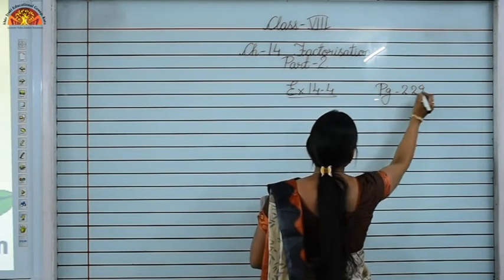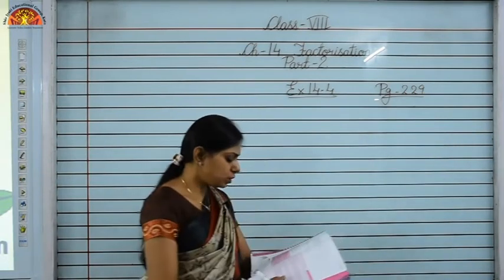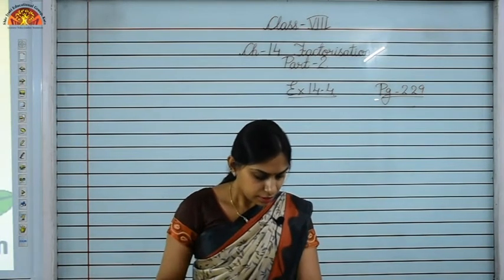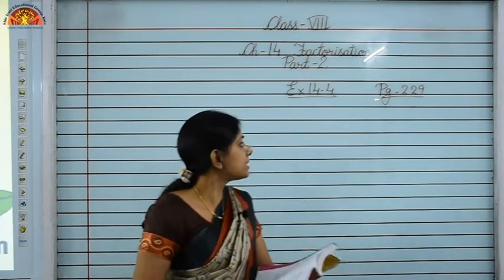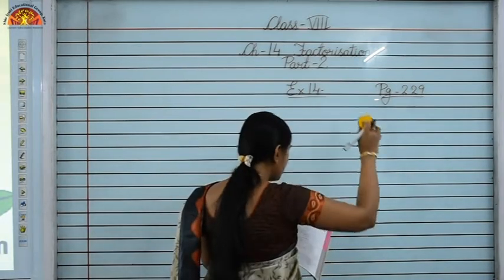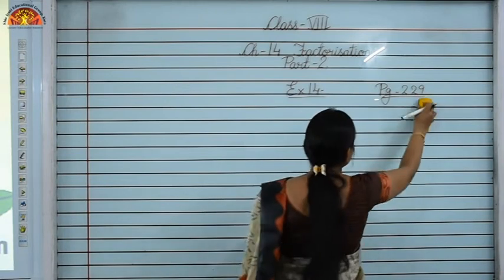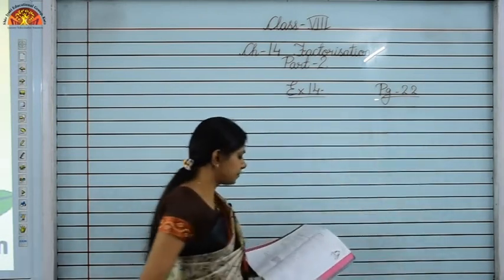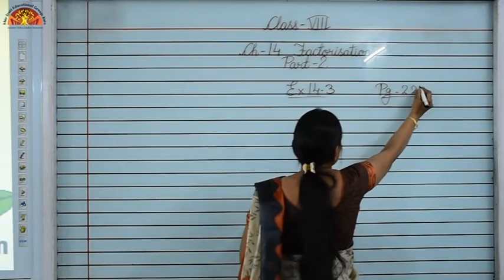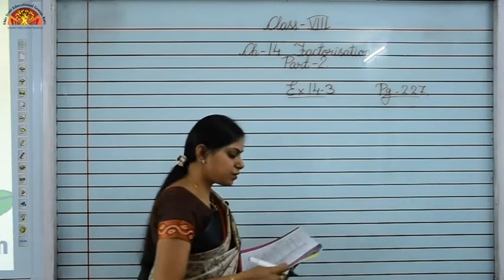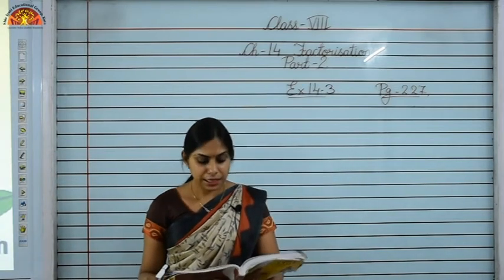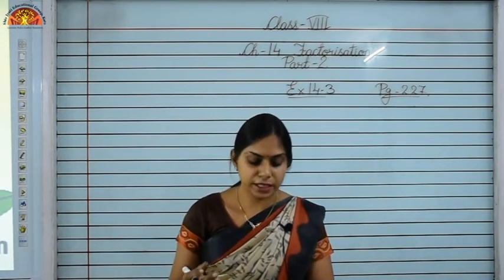See the question, it's exercise 14.3, page number 227. First question: carry out the following divisions.